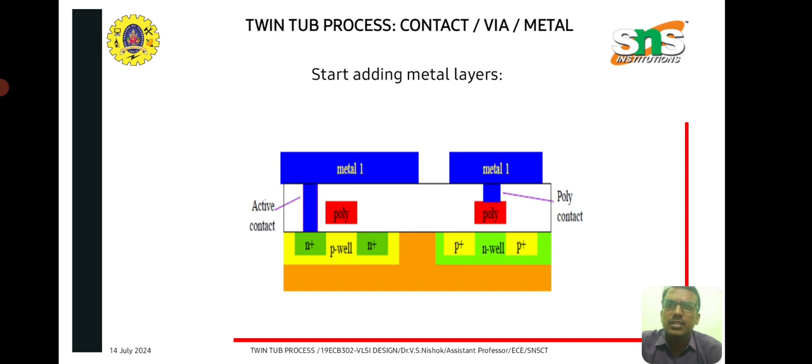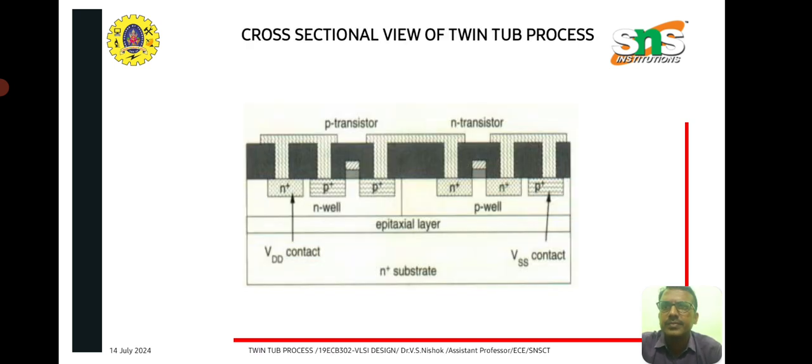After diffusing the respective materials, we add metal layers above both wells as shown in the figure. Then finally, after placing the metal layer, we give the terminals, drain, gate and source, and we go for final packing.